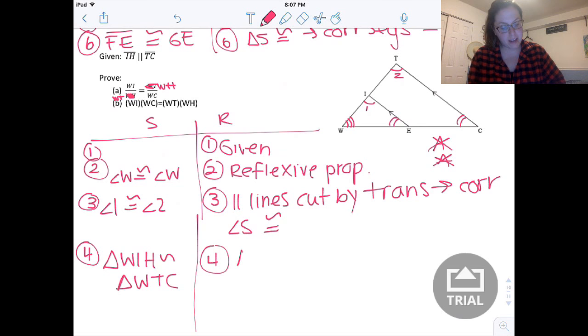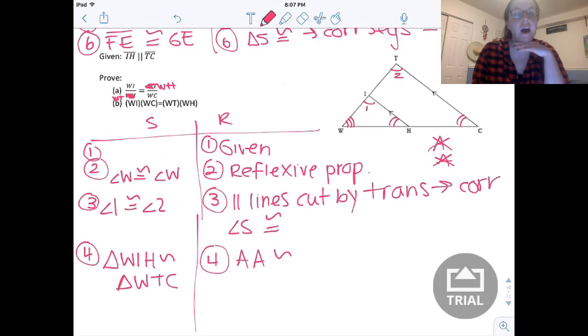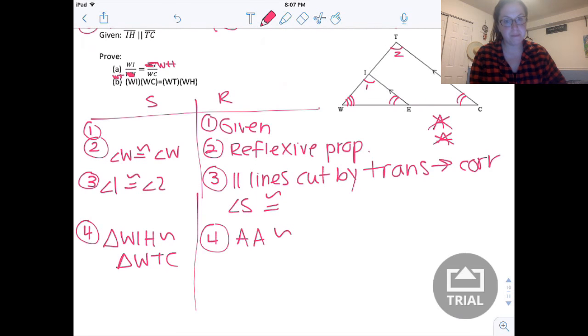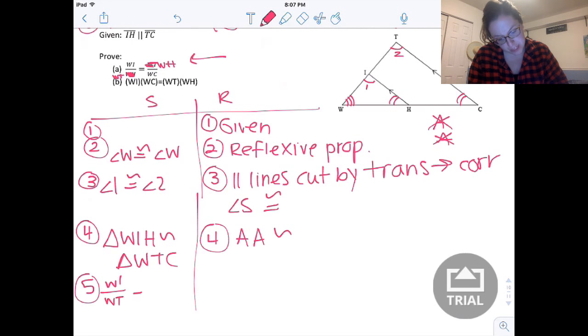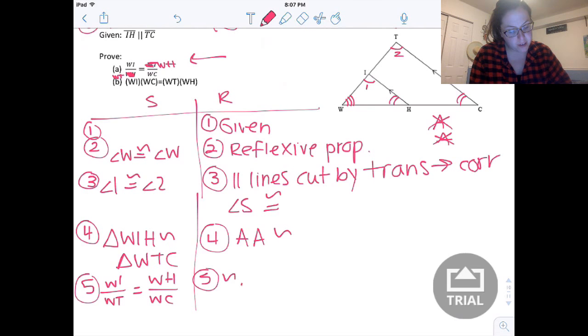Or your teacher might have you write out two corresponding angles congruent in triangles implies triangles are similar. Okay. Now I can get to my proof statement. So step 5, I can say this first one, which is WI over WT equals WH over WC. The reason being the triangles are similar implies corresponding sides are proportional.